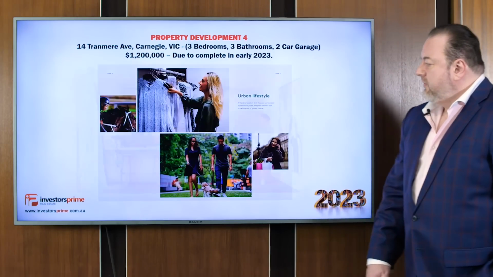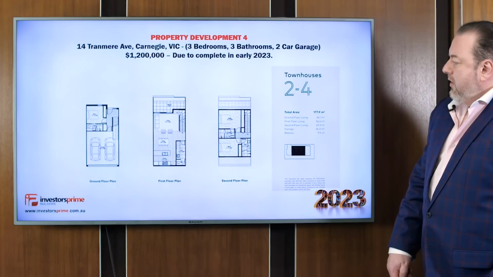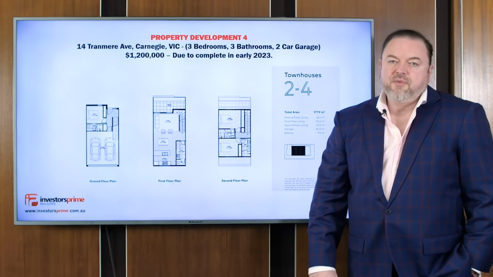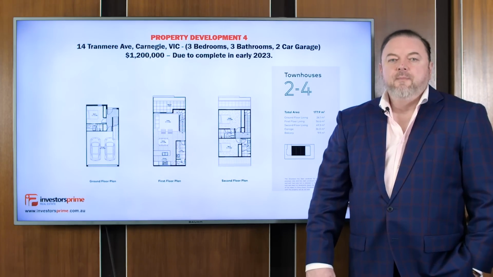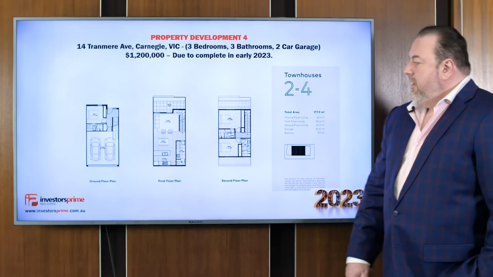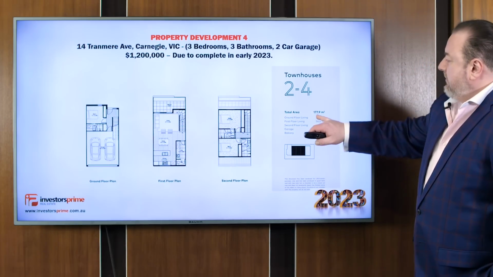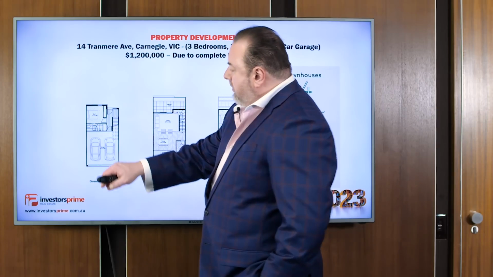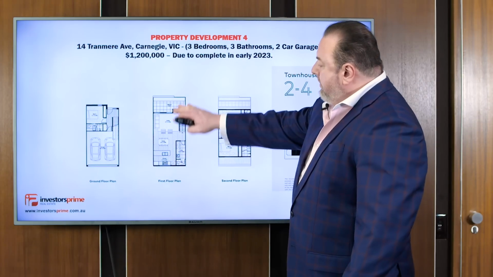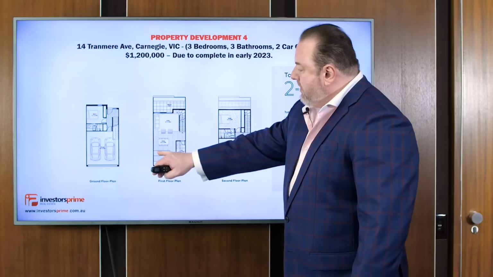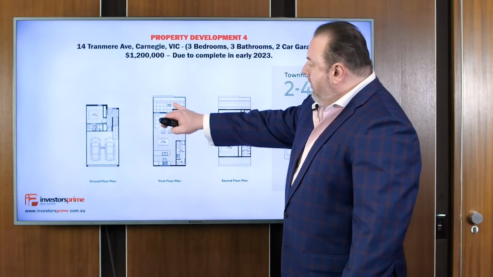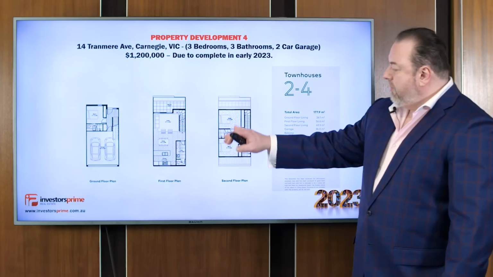This is a client that purchased this property here, and this is a typical townhouse that I always source, $1.2 million in the blue chip area, like Murrumbeena, Carnegie, Bentleigh East, Bentleigh, 177 square meters. So we're talking double garage, bedroom downstairs with an ensuite. Then you have open plan living on the first floor, kitchen island bench top, another bathroom with a laundry for the guests, balcony, and then upstairs you have 2 bedrooms.